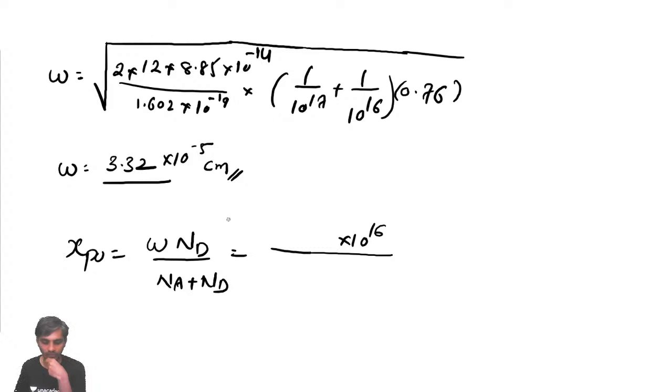So once you got the value, it's going to be 10 to the power of 17 plus 10 to the power of 16. 3.32 into 10 to the power of minus 5 you are supposed to get.